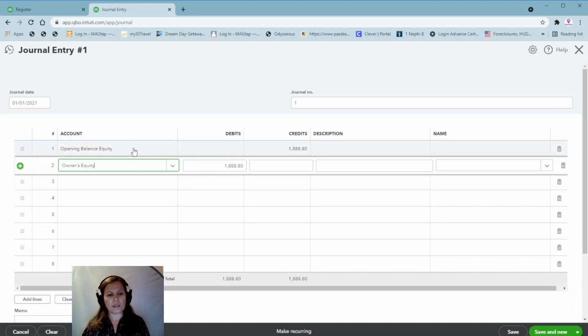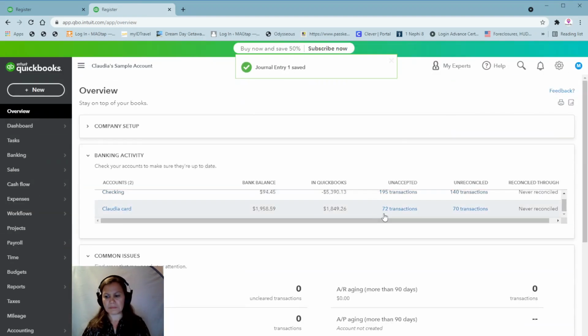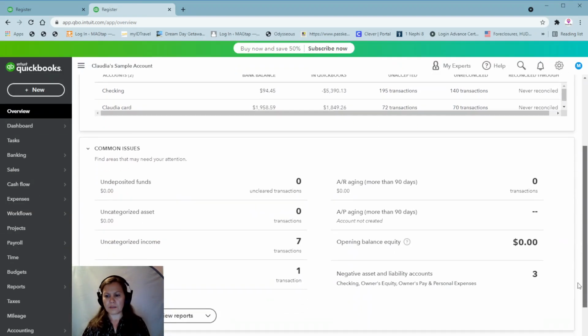In this case, I am crediting opening balance so that I can increase it, because it's a negative amount. And we're going to debit the owner's equity. We have the date here. Everything looks fine. We're going to save it. Now I have a zero balance on my opening balance equity, and that's exactly what I want.